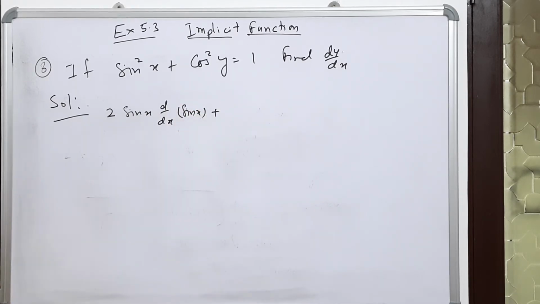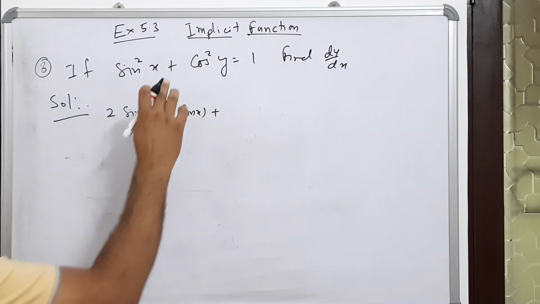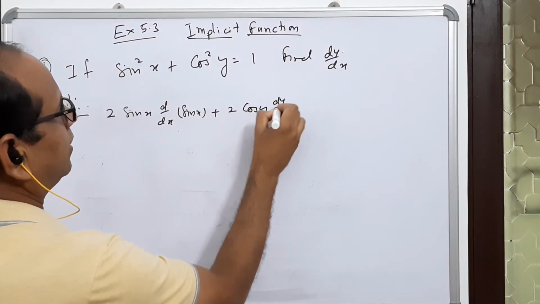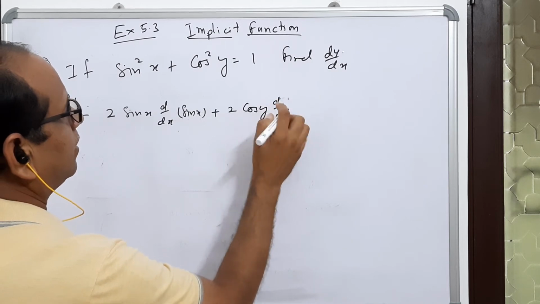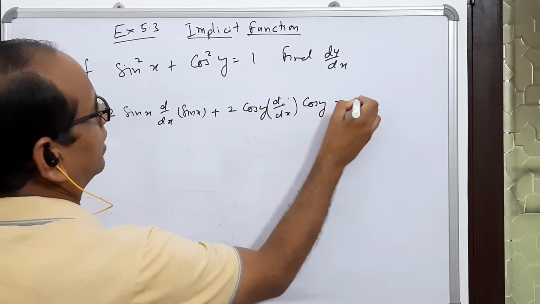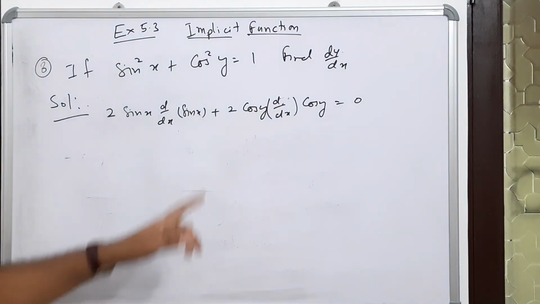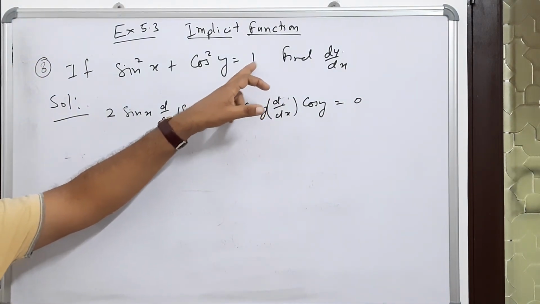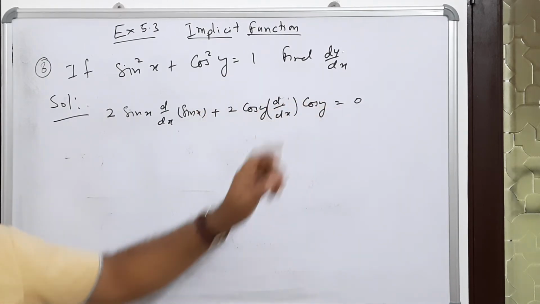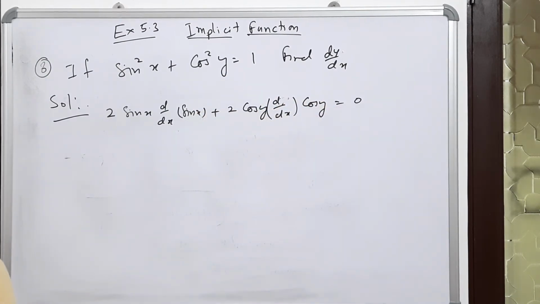That is again the chain rule. And cos square y is 2 cos y and d by dx of cos y and equals to 0, because the derivative of any constant is 0. That's why this 1 becomes 0 when we differentiate.